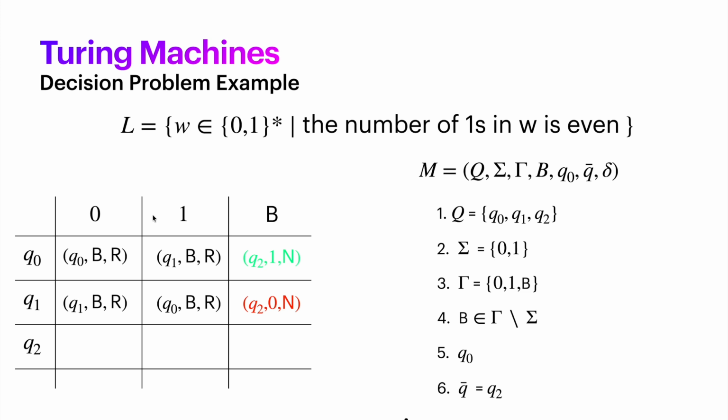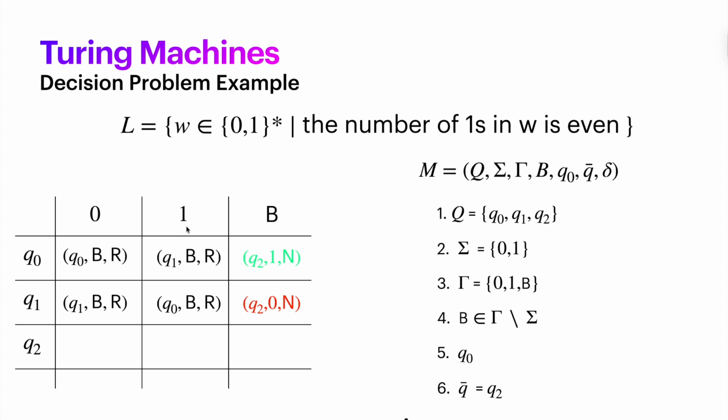The interesting part is when we observe 1. If we are at state Q0, indicating that we had an even number of ones so far, and we observe another one, this would mean that now we have an odd number of ones in the word.